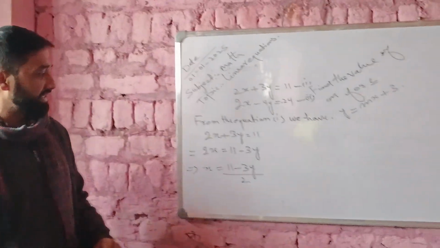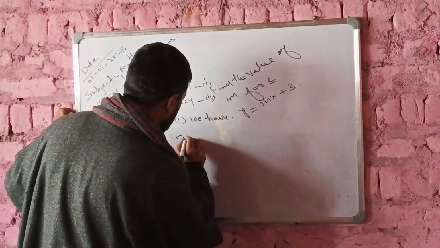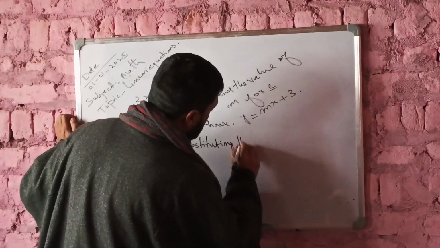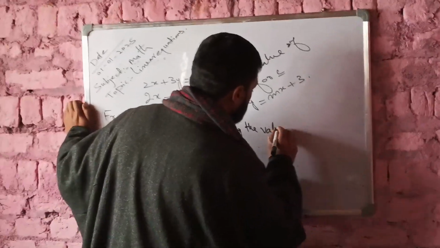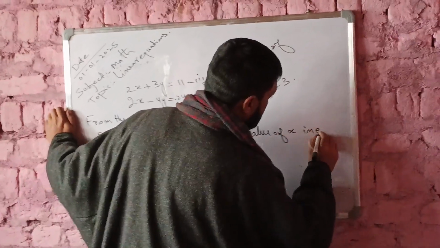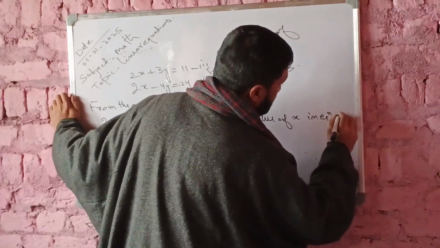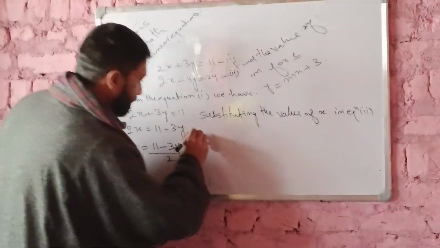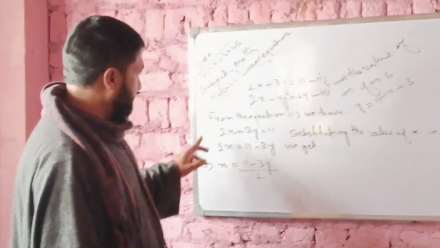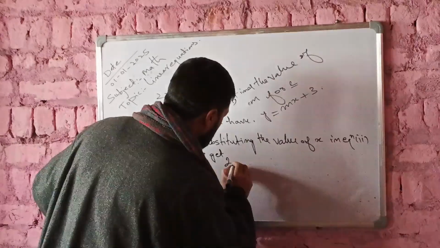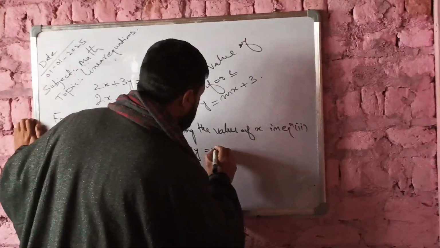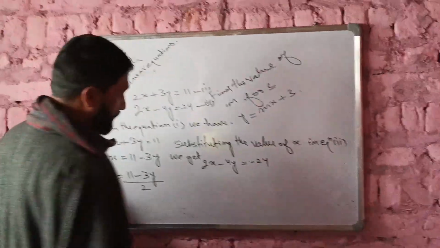What is the second equation here? 2x minus 4y is equal to minus 24. Substituting the value of x in the second equation, we get 2x minus 4y is equal to minus 24.